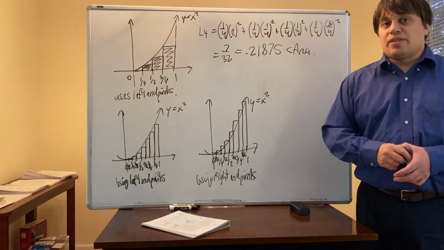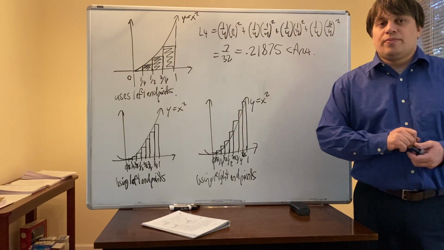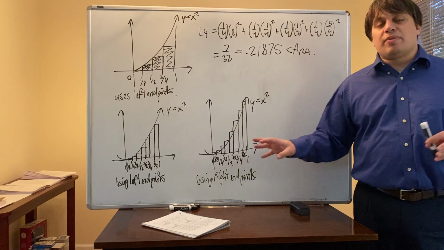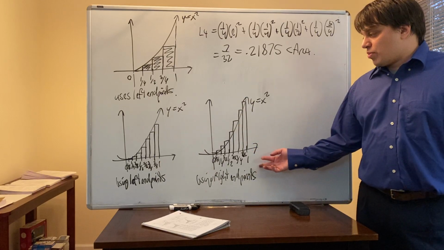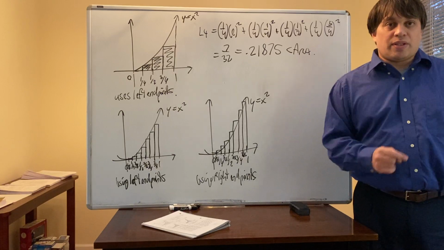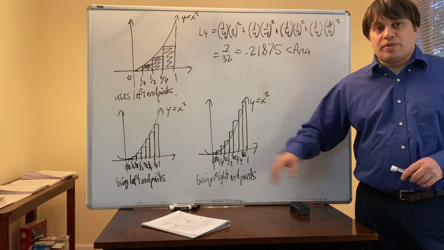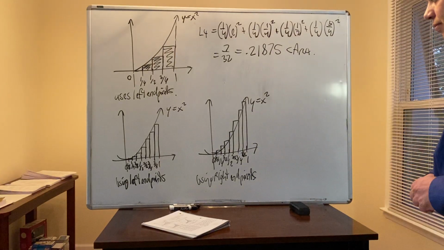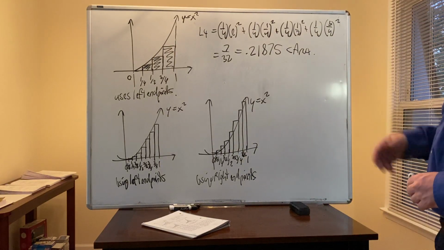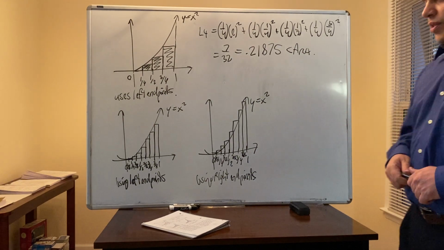That's not true in all cases, just in this particular one because of the shape of the function we chose. A different type of function would have different behaviors with that. Okay? So now these are 3 more examples of using approximating rectangles to approximate the area under the curve.